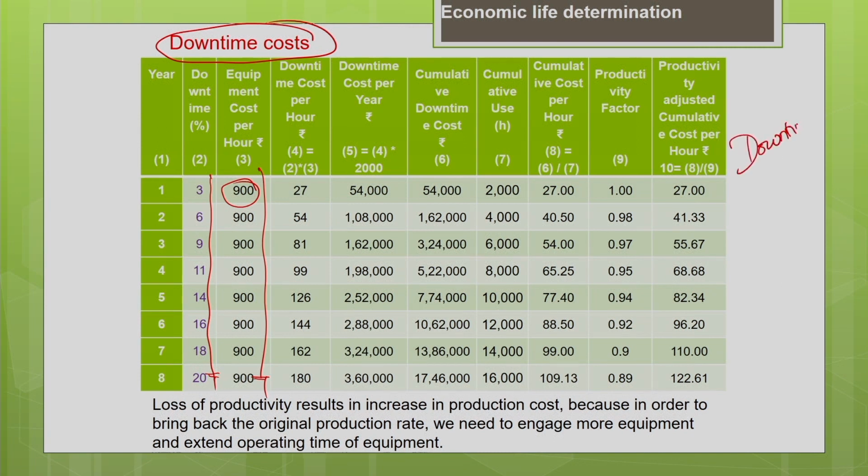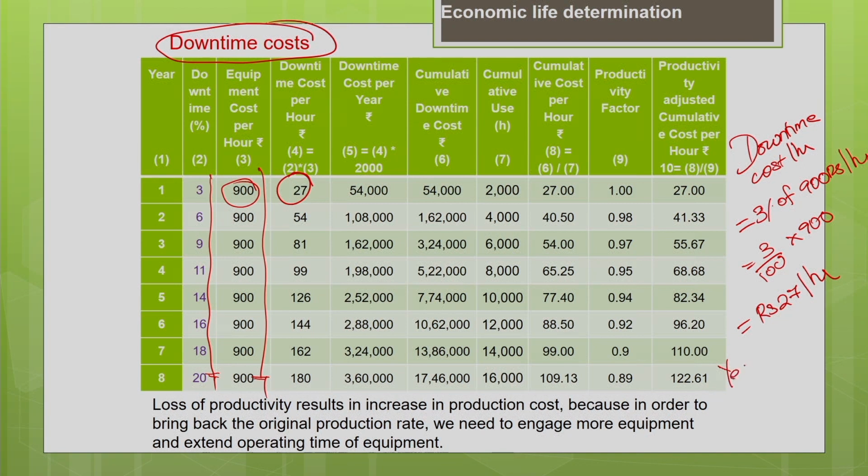Downtime cost per hour equal to 3% of your equipment cost. Equipment cost is nothing but 900 rupees per hour. So, 3 by 100 into 900, it gives you the downtime cost is rupees 27 per hour. But your machine is going to operate in a year for 2000 hours.